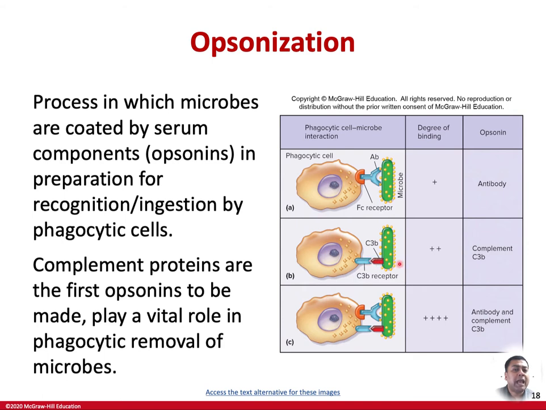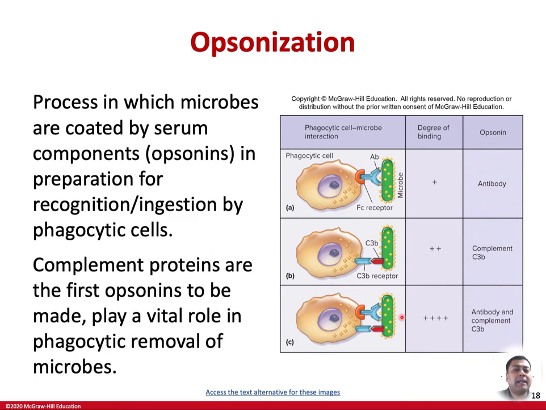When this interaction happens, it also gives a higher degree of binding, and this will help to phagocytose this microbe faster. So the degree of opsonization is increased compared to the antibody by the binding of the C3b to the C3b receptor of the phagocytic cells.